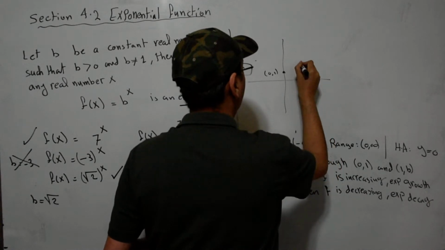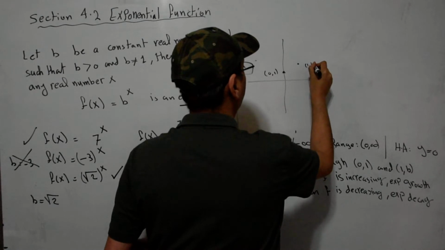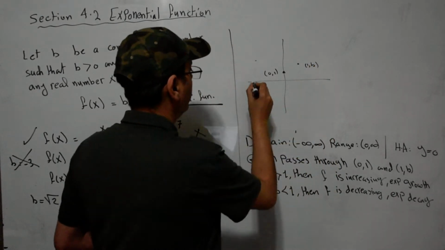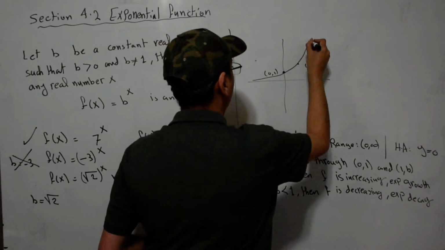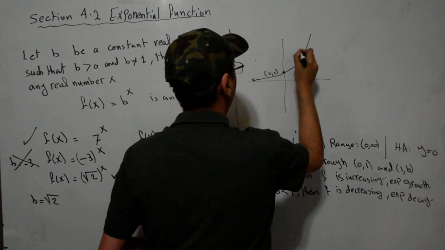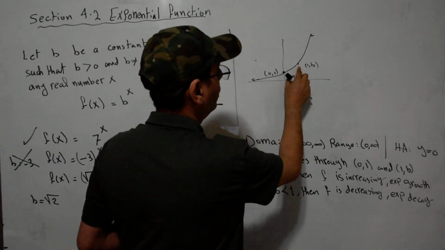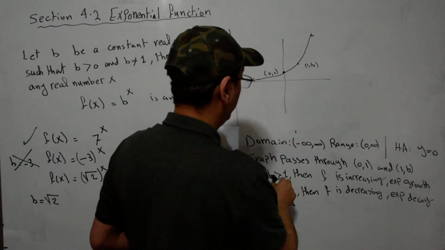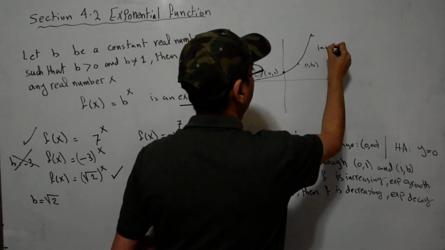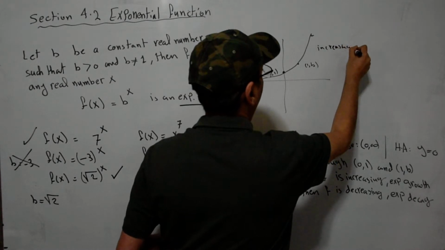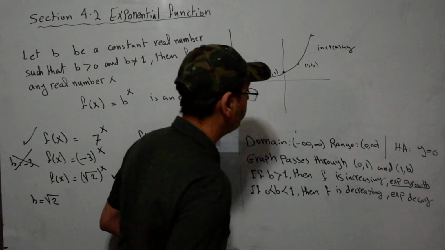So here is (1, b). For this one, b is greater than 1, and we call this function increasing, and it's exponential growth.